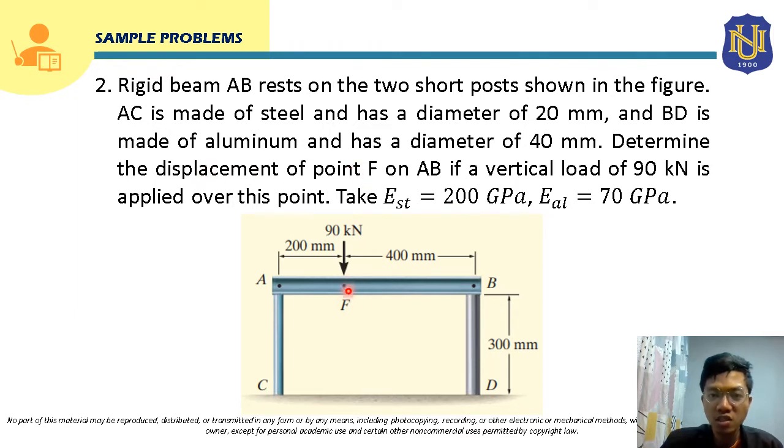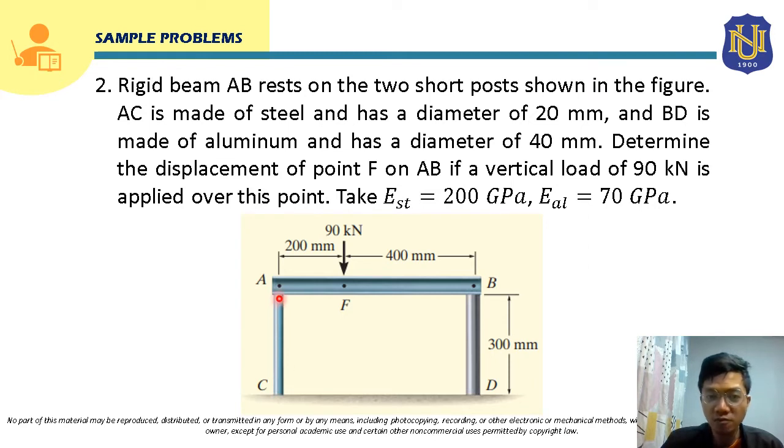So point F is here. Class, if we apply this 90 kilonewton load to this rigid bar AB, there will be a reaction here and also a reaction here. The reaction forces will compress bar AC and bar BD, so the posts will be subjected to deformation.